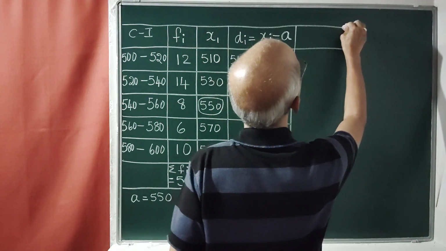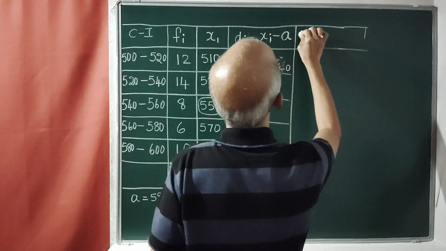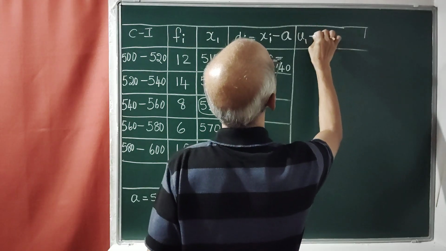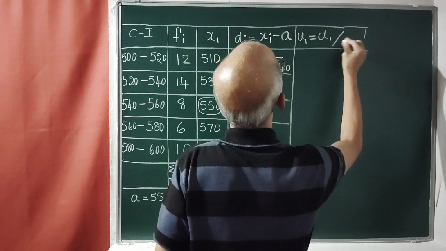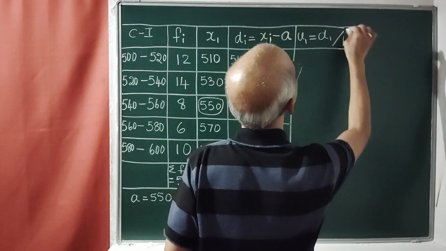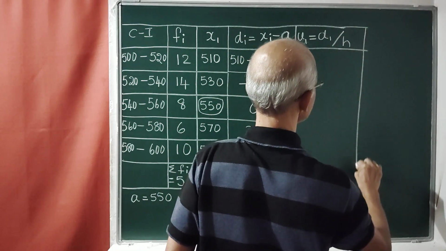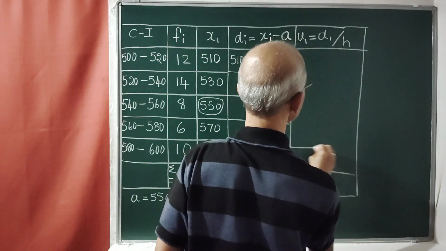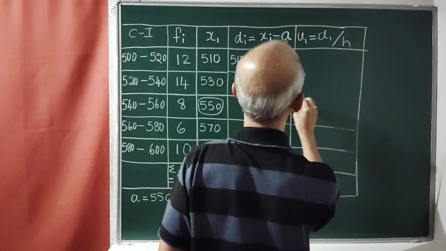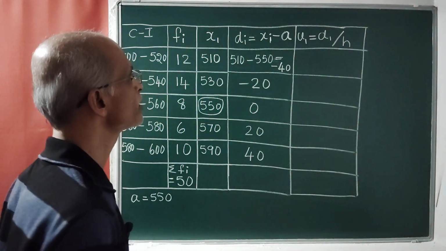Next, we have to find out the value of ui. Ui is equal to di divided by h. Di by h.